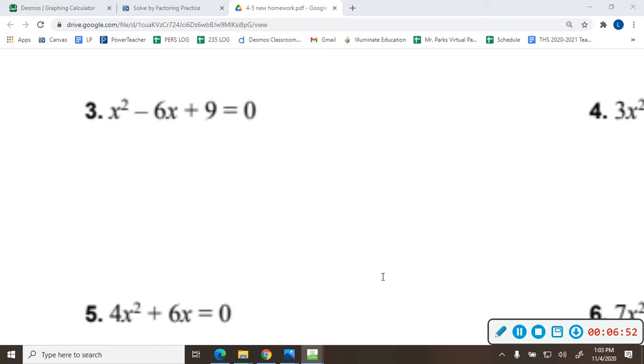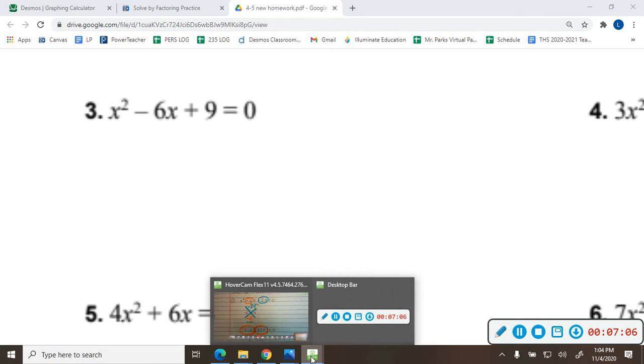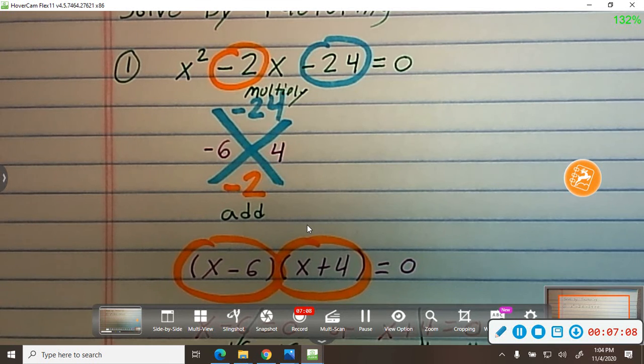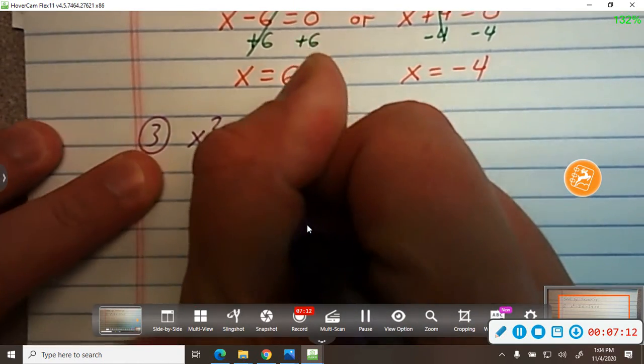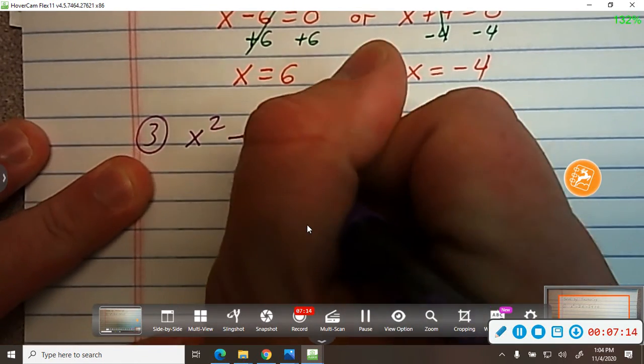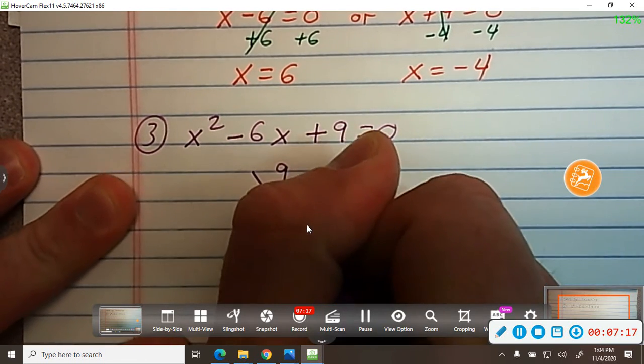So number 3, super quick. First, I'll write down the problem. X squared minus 6x plus 9 is 0. And then I'm trying to find two numbers that multiply to 9 but add to negative 6.